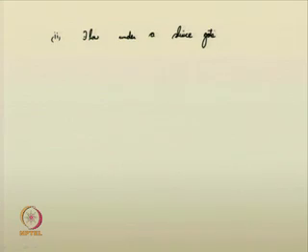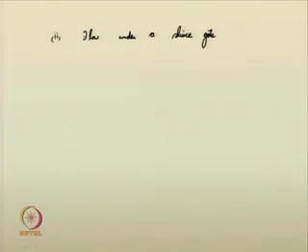Similarly, another example I can quote here is flow under a sluice gate. These examples are clearly described in Professor Rajesh Srivastava's book on open channel hydraulics. You can refer to them also for more details. I will just briefly explain here.